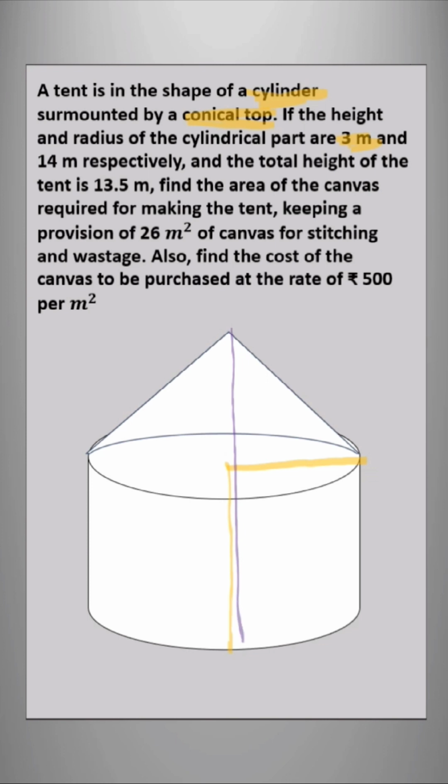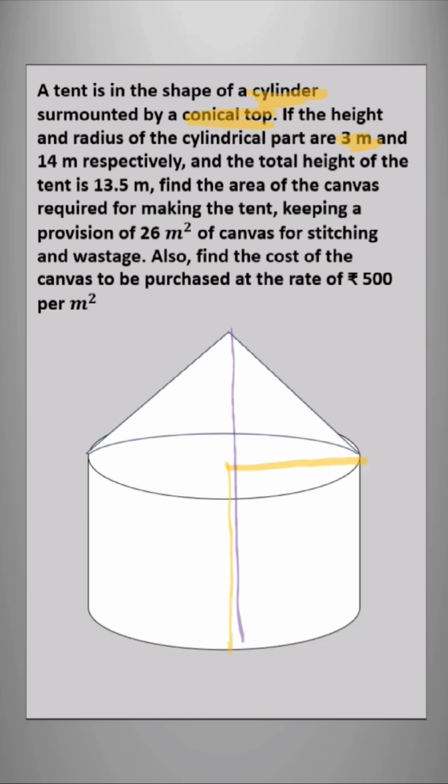Find the area of the canvas required for making the tent, keeping provision for 26 meter square of canvas for stitching and wastage, and also find the cost of canvas to be purchased at the rate of rupees 500 per meter square.